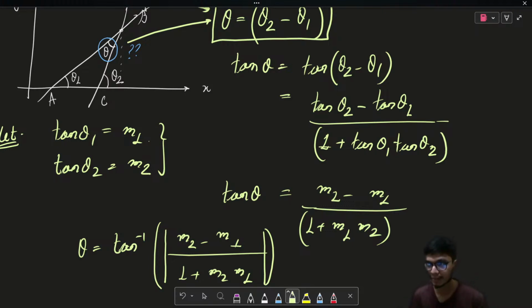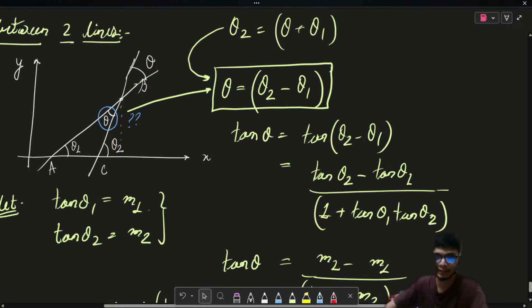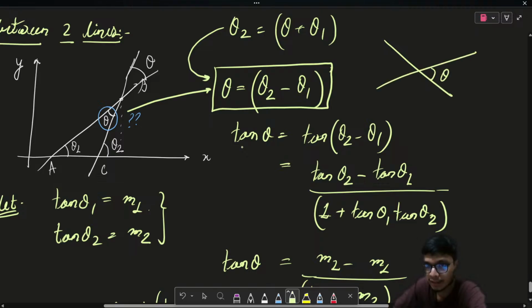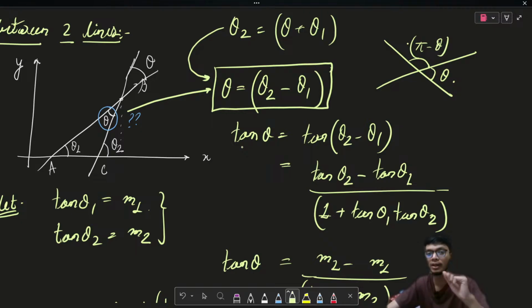I hope this particular part is clear to all of you. Because when we talk about the angle between the lines, the angle between the lines like this can be given as theta, and this other angle will be pi minus theta, right? So if I take tan of theta or tan of pi minus theta, the result is going to be the same except with a negative sign.